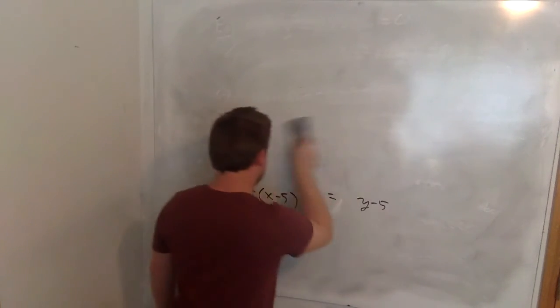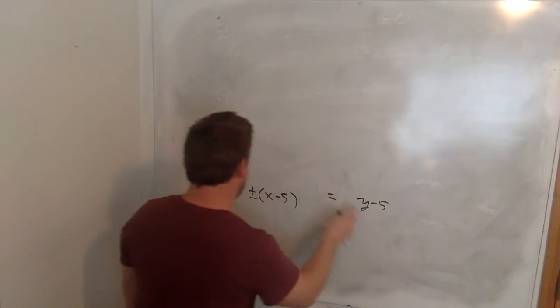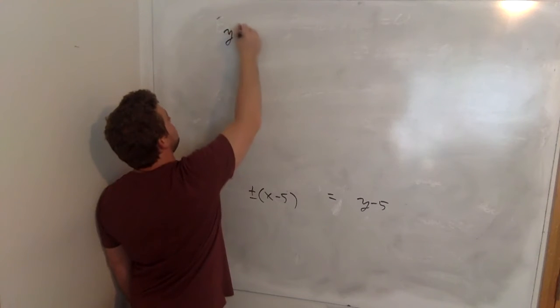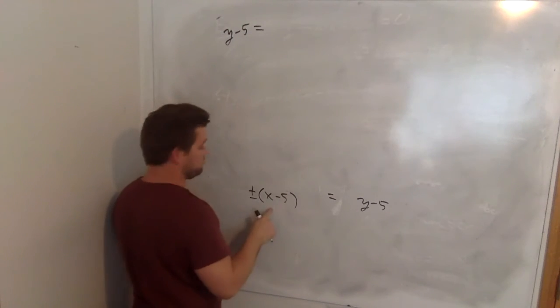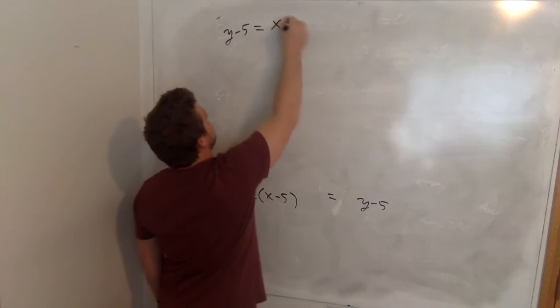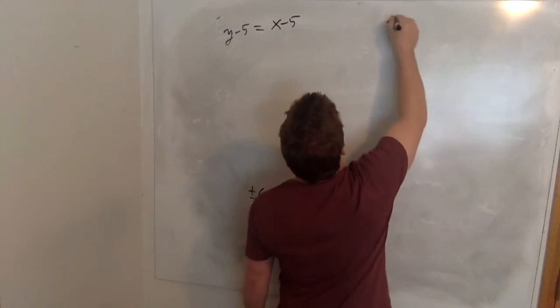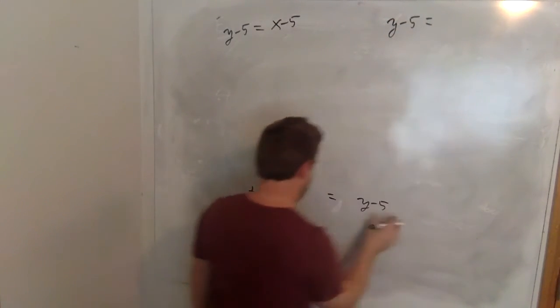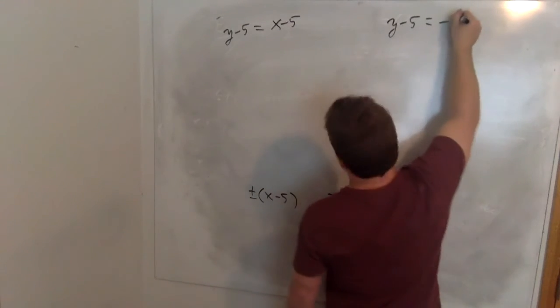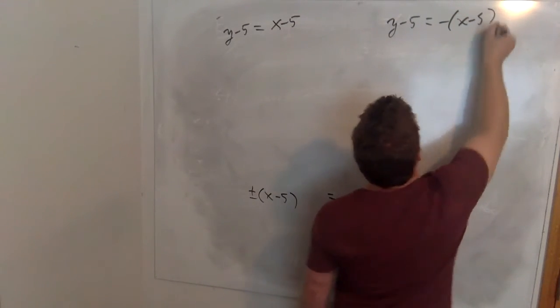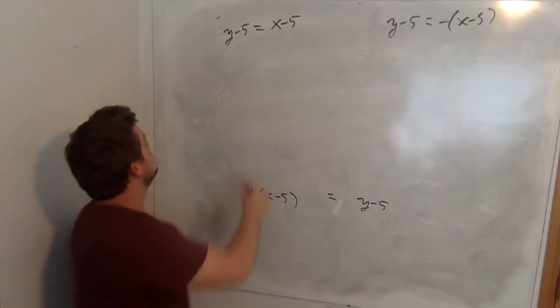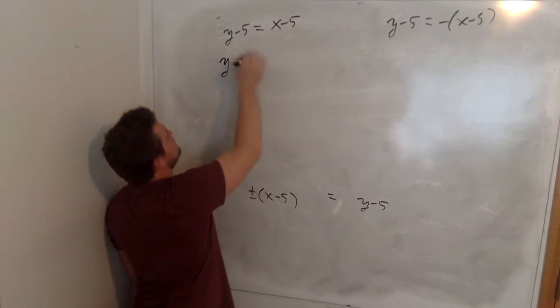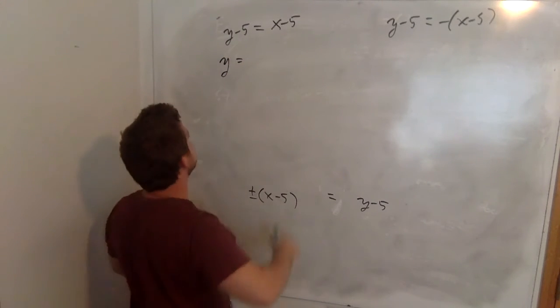Okay, what is this saying? Well, we could have that y minus 5 could be equal to the positive x minus 5, or we could have the y minus 5 could be equal to the negative x minus 5. So let's add 5 to both sides.